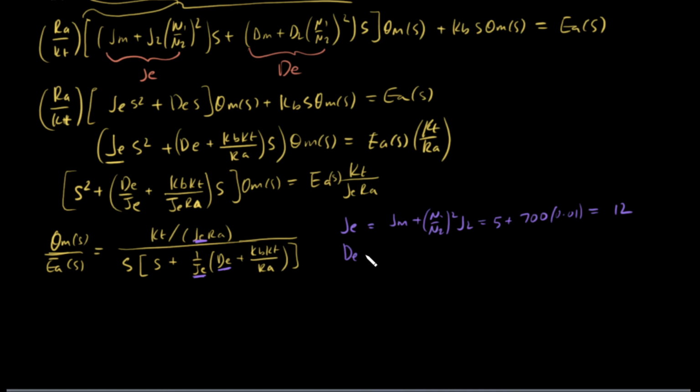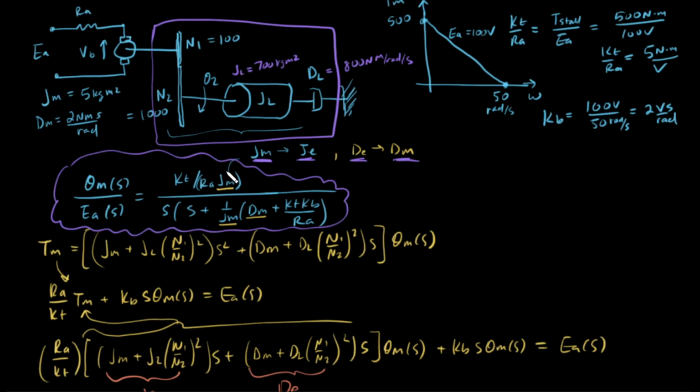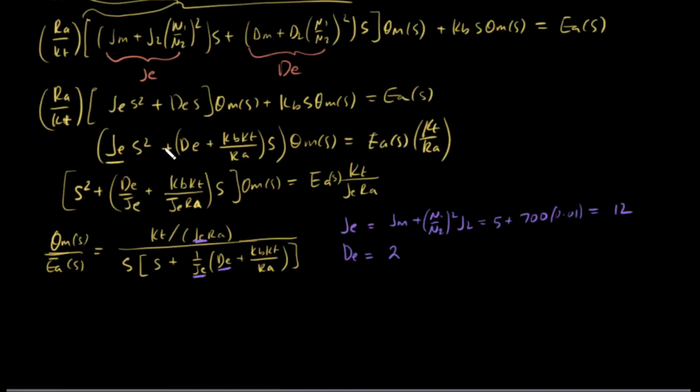And then we have DE, which is equal to 2, and that comes from here. This is 2 plus N1 over N2 squared DL, and that gives us 2 plus 800 times 0.01, which is equal to 10.